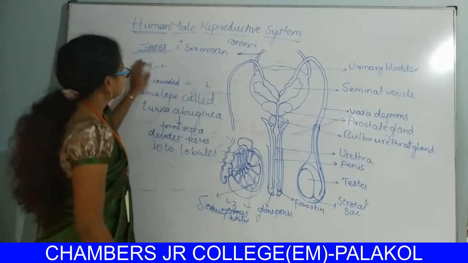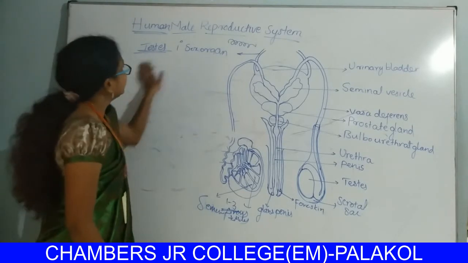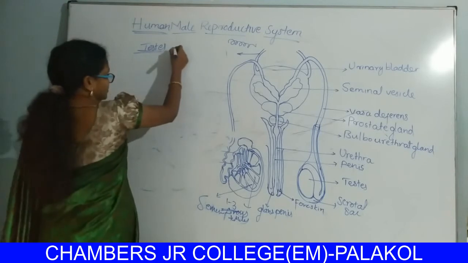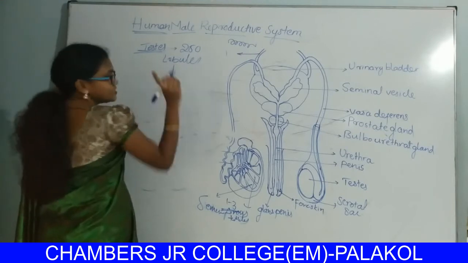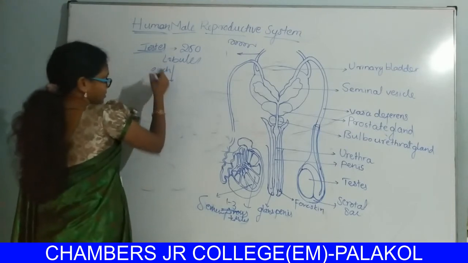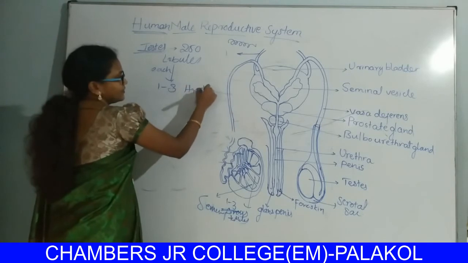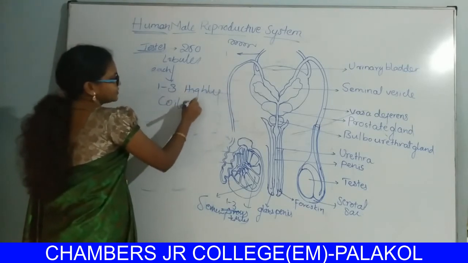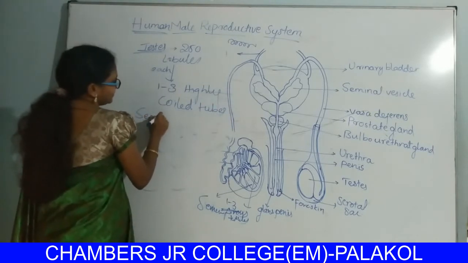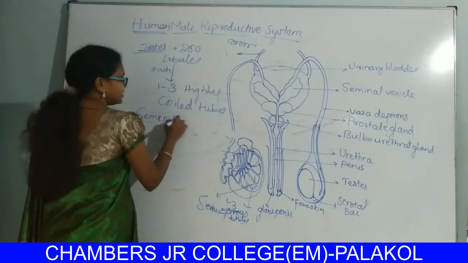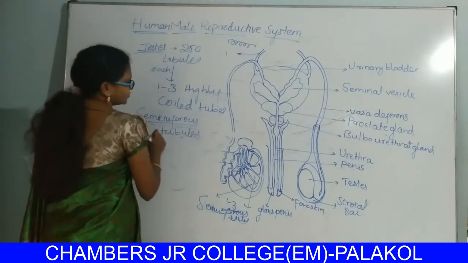Each testis contains 250 lobules. Each lobule contains 1 to 3 highly coiled tubes called seminiferous tubules.